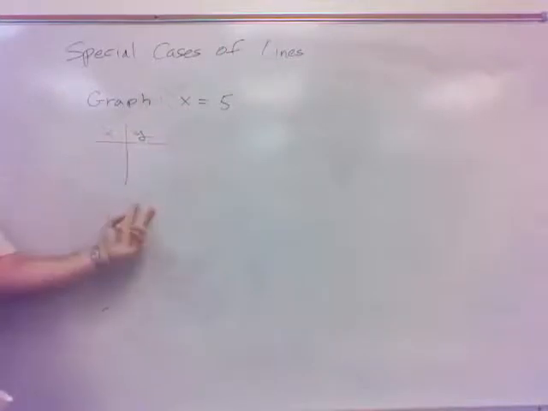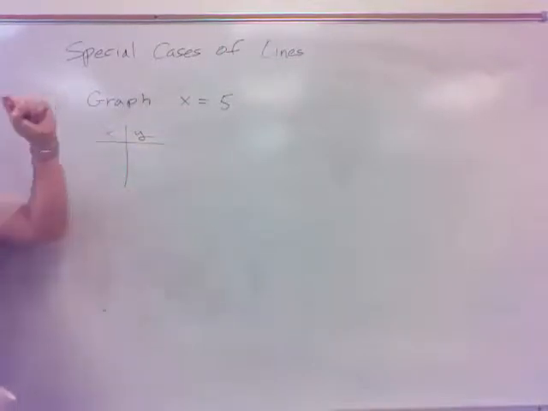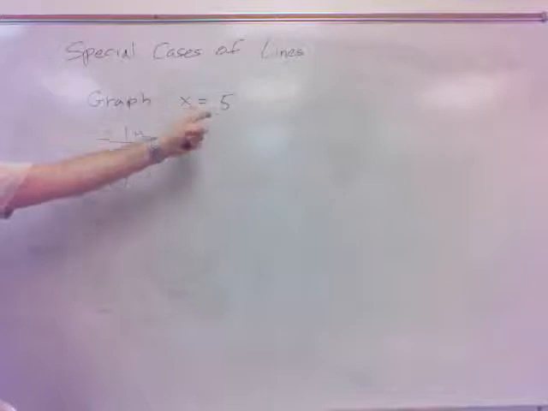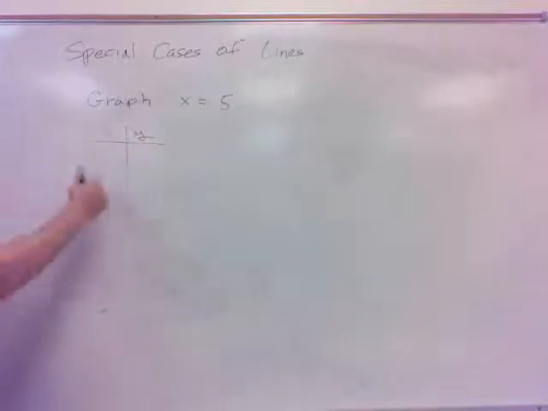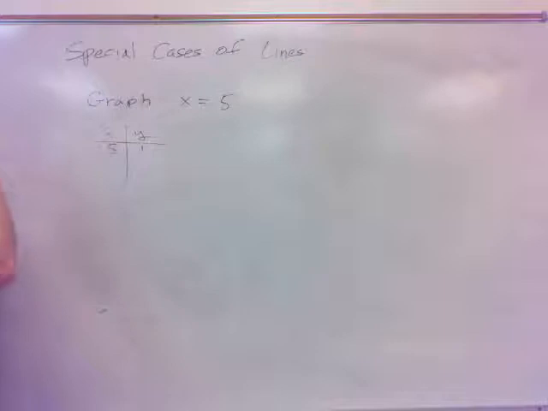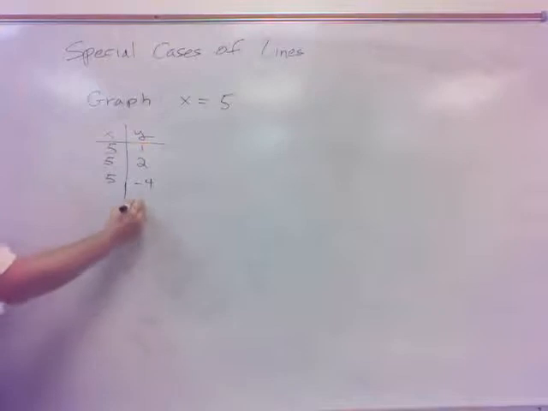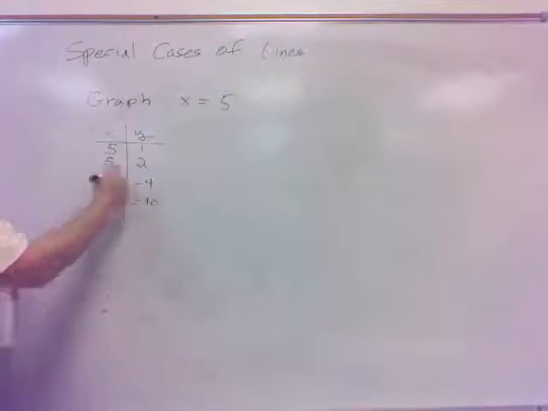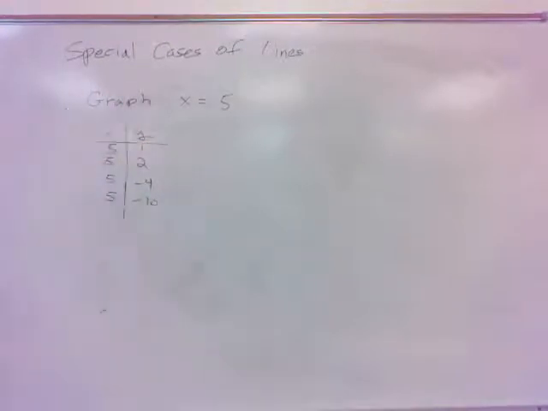No matter what the y value is, the x value is 5. That's what that's saying, right? X equals 5, always 5. So if I have the y value of 1, the x value is 5. If I have the y value of 2, the x value is 5. If I have the y value of -4, the x value is 5. Or -10, the x is 5. So this column in a table would always be 5.